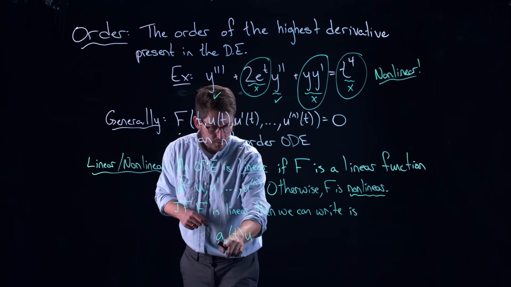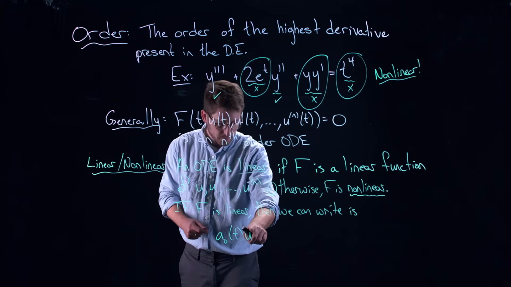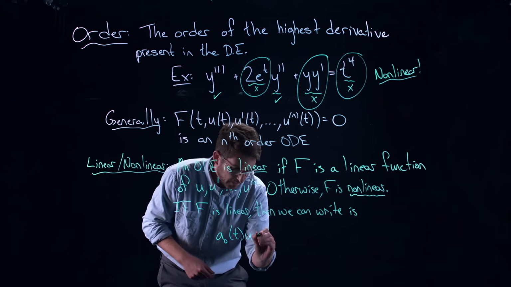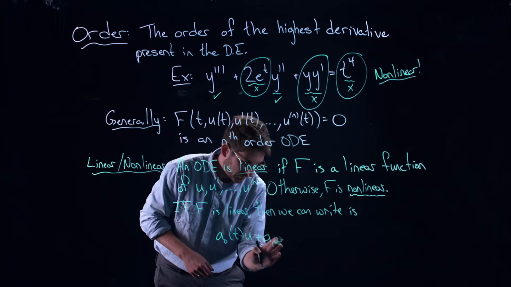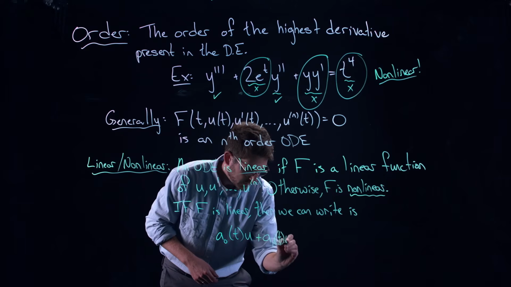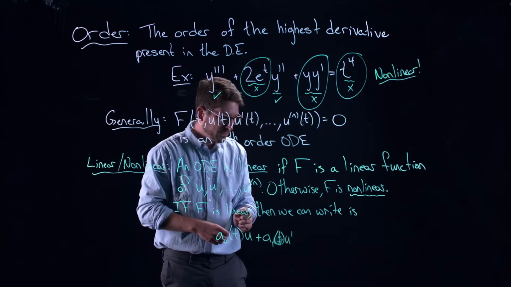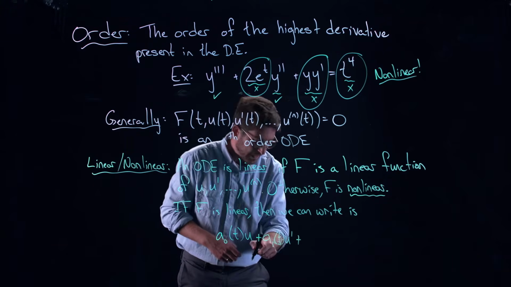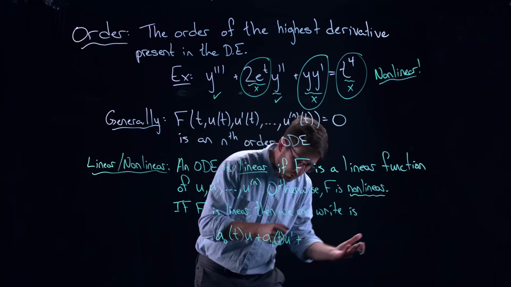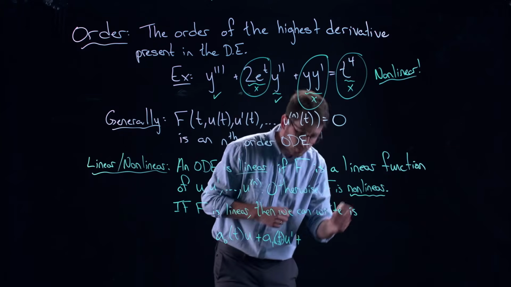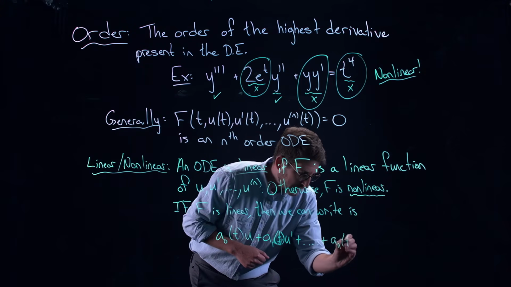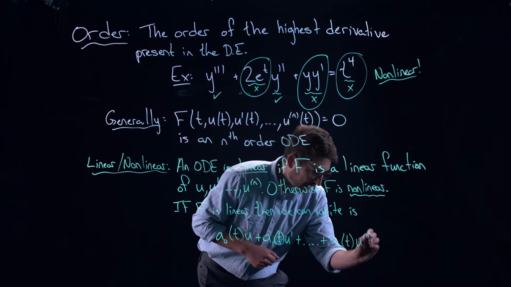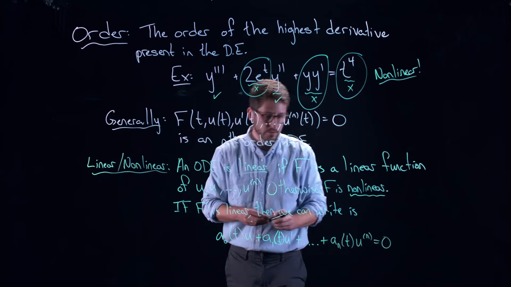The 0 subscript represents that I have 0 derivatives being taken here. And then a1 of t, u prime, plus a2 of t, u double prime, a3 of t, u triple prime, all the way up until an of t times the nth derivative, and that's equal to 0.